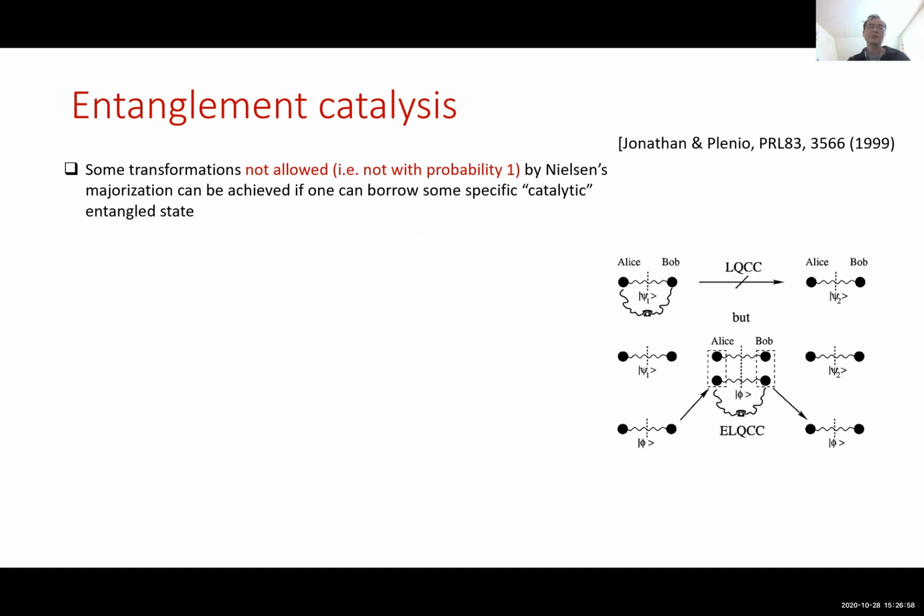So we know that some transformation cannot be successfully implemented using Nielsen's criteria. But it's surprising that if you can borrow some other entangled state, you might be able to achieve that. So this is called entanglement catalysis.